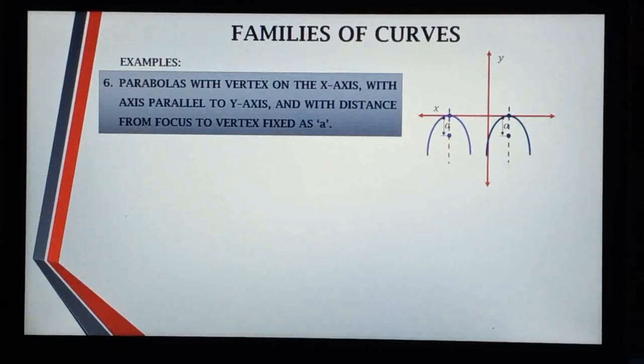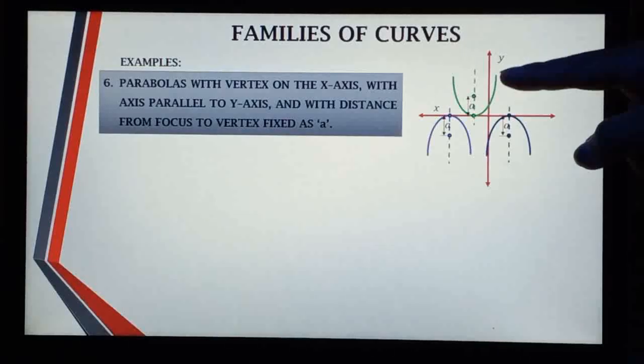Then another condition of the parabola, it can be upward. Then the vertex is also at the x-axis. Tapos, axis is parallel to y-axis. And the distance from focus to vertex will be fixed as a.